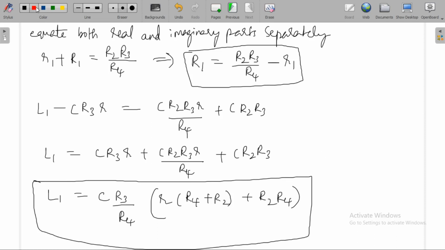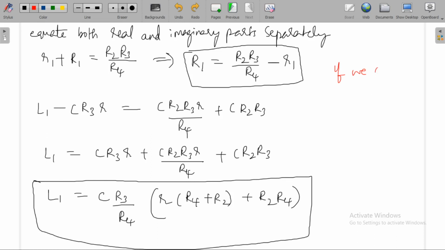Now here this is in terms of R2 R3 R4. This is also in terms of R2 R3 R4 and C. These three terms are common to both equations. But this R1 and R are not common.